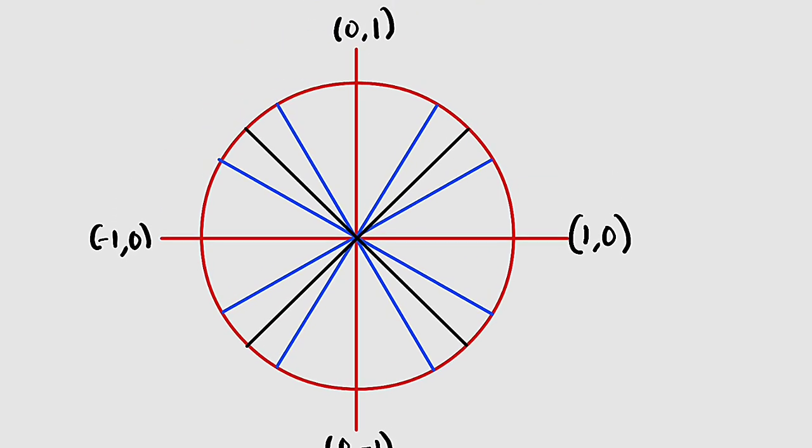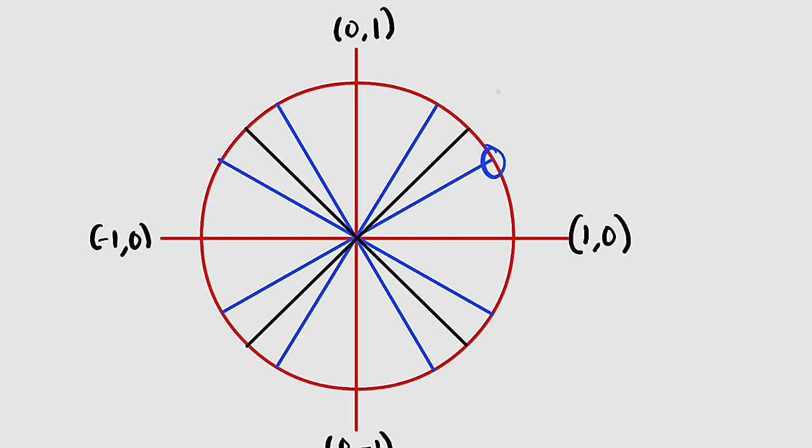Okay, so let's start with these 4 because they are very special compared to the rest. So if you are looking for cosine of 0, it will be what? 1. If you are looking for sine of 0, it will be 0, because sine depends on the coordinate of the y-axis and cosine depends on the x coordinate.